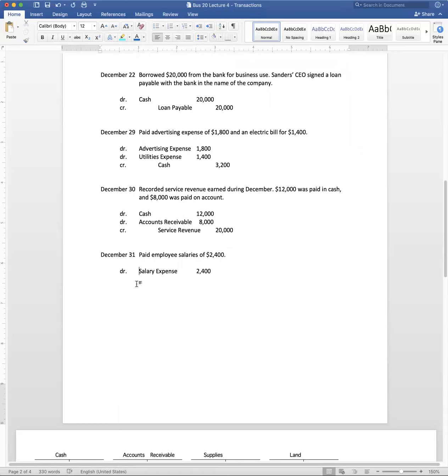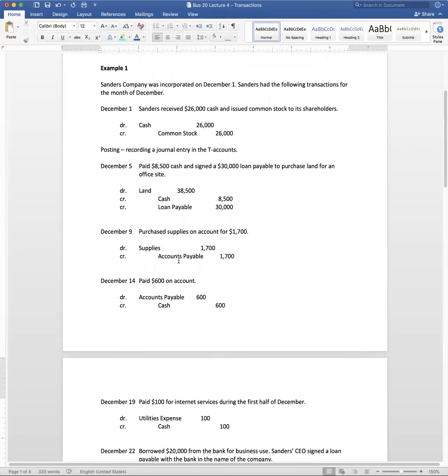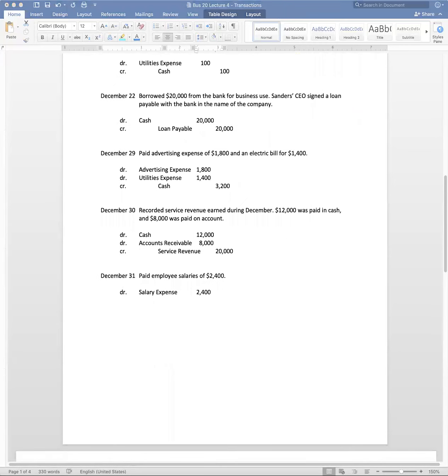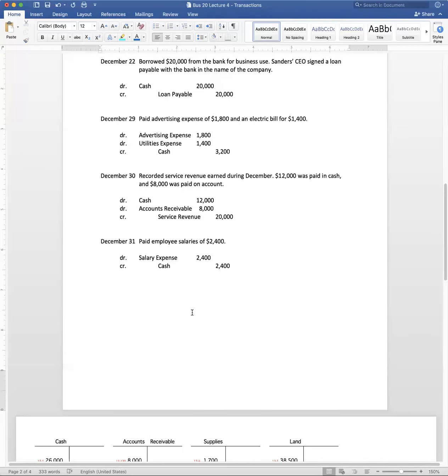All right, now it says they paid these salaries. So we're paying in cash. Cash is an asset, cash is decreasing. So that's going to be a credit. Okay. So we're going to credit cash for $2,400. And now we'll post that to the T accounts.